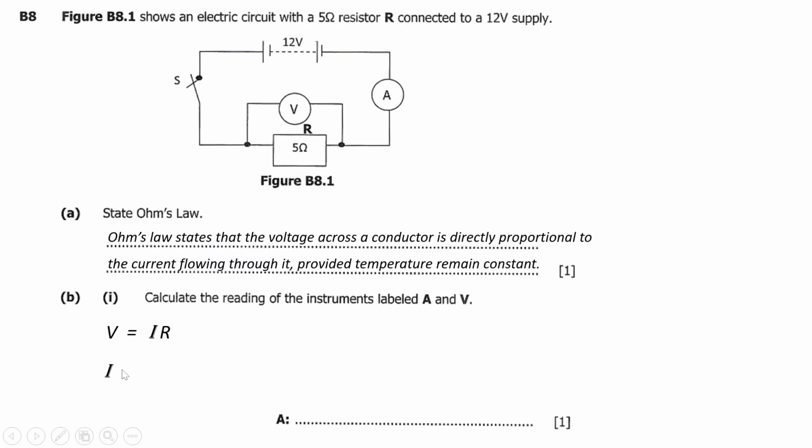Then we'll make current the subject of the formula, which will be voltage over resistance. Then we'll substitute: current is equal to voltage, 12 volts as you can see, divided by resistance here, which is 5. So if you divide 12 by 5, you get your current as 2.4 amps here.